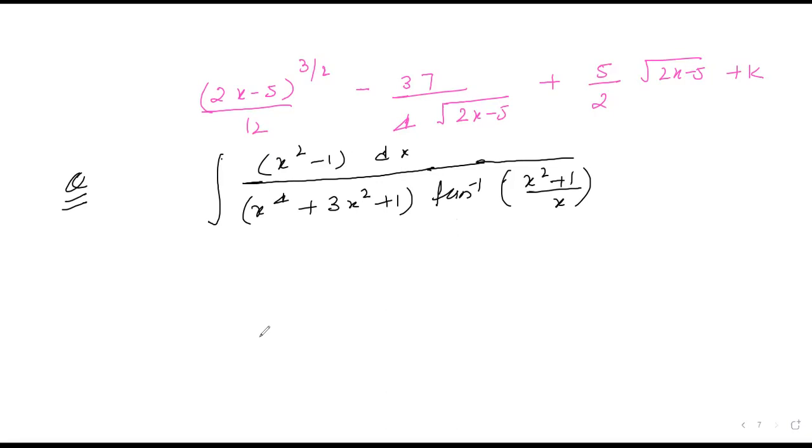Now where do we have to attack to convert this into the simplest form? Let's see the argument inside the tangent inverse, which is x plus 1 divided by x. If I let x plus 1 by x be t, then we can write minus 1 by x square dx as dt.